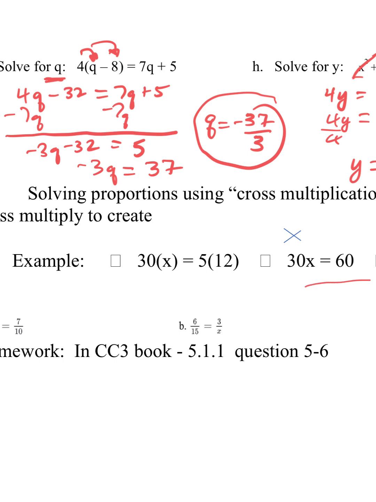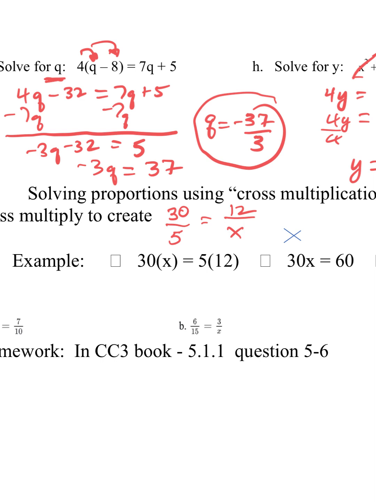Here's the assumption: the original fraction must have been 30 over x equals 5 over 12.